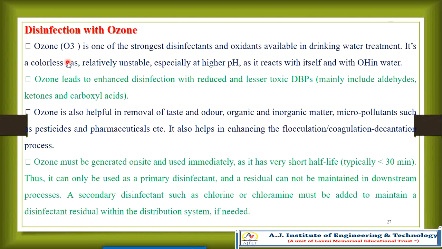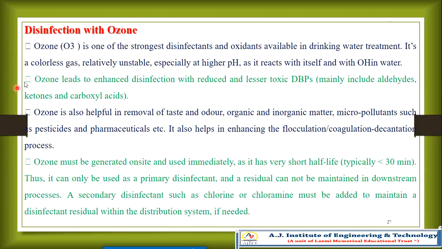That is, ozone is one of the strongest disinfectants and oxidants available in drinking water treatment, and it is a colorless gas, relatively unstable, especially at higher pH, as it reacts with itself with the OH in the water.